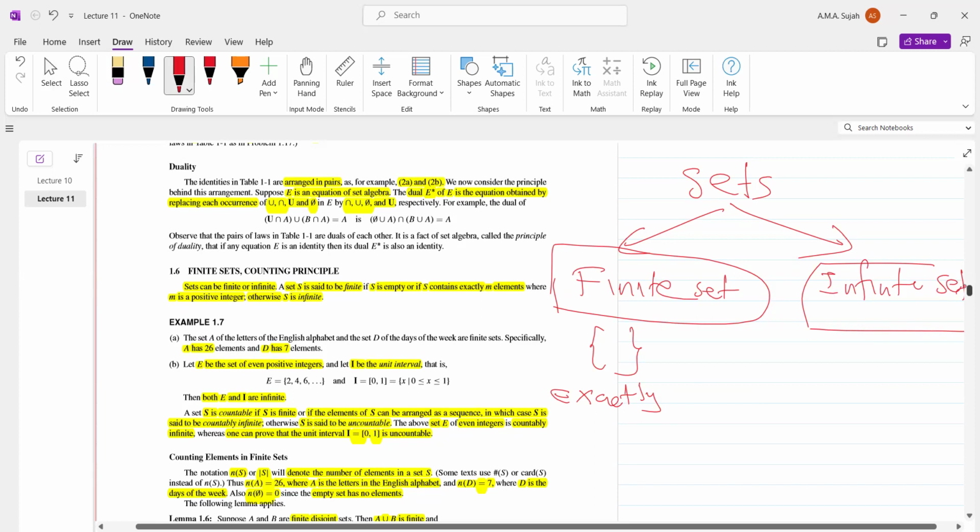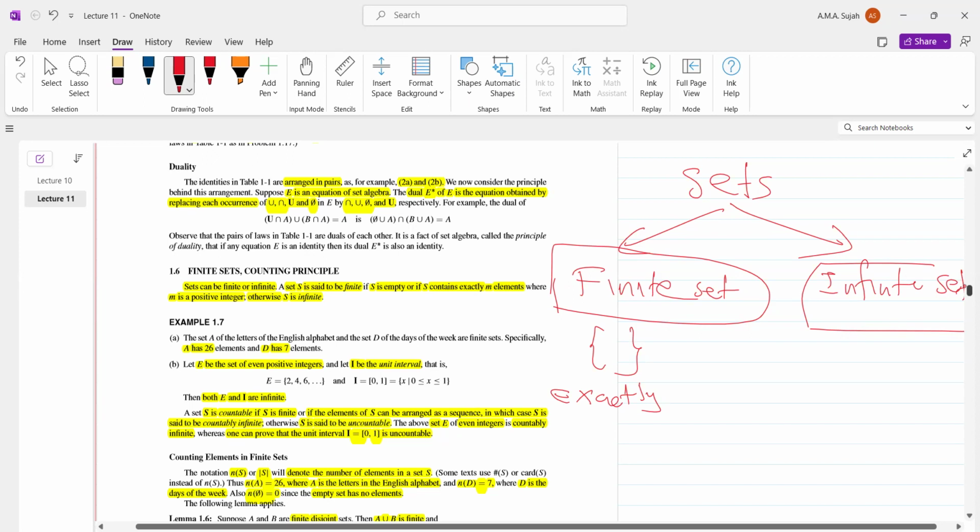Now tell me an example of finite set and infinite set. Any volunteer? So all the sets we can categorize into two, finite or infinite sets. Finite sets means if you write a set with empty set, or you find a set as a null set, that is a finite set. It means you exactly know they don't have any elements for that set, right?